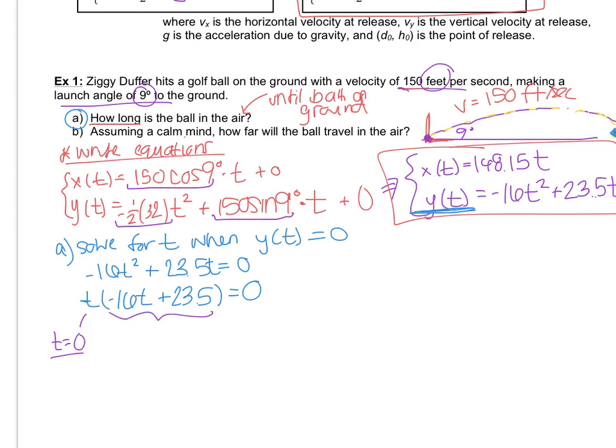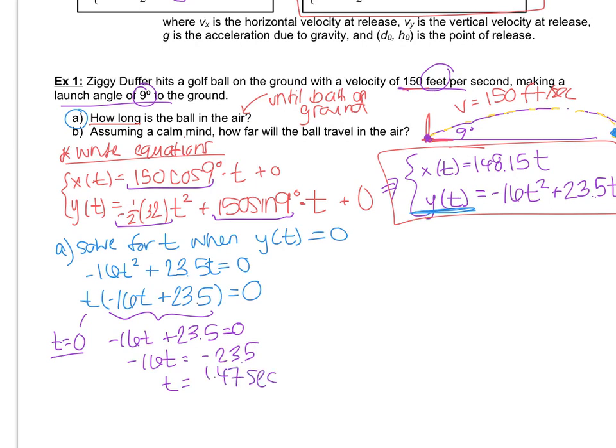This is going to give us the solution we're interested in. Negative 16t plus 23.5 equals 0, or negative 16t equals negative 23.5. And then we divide by negative 16, and we get the solution for time. T equals approximately 1.47 seconds.